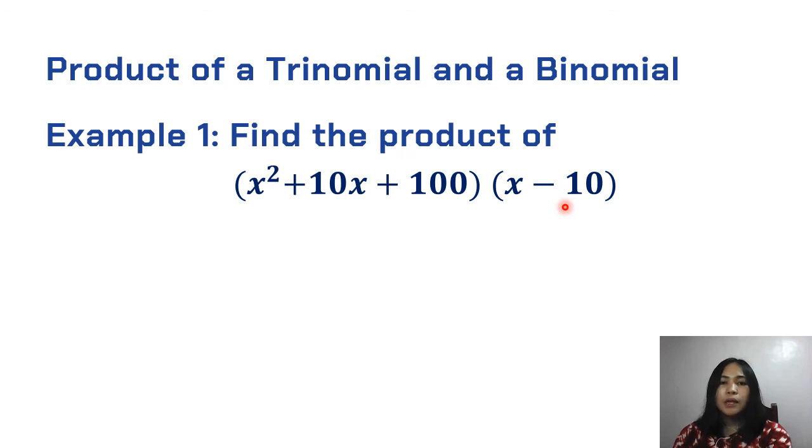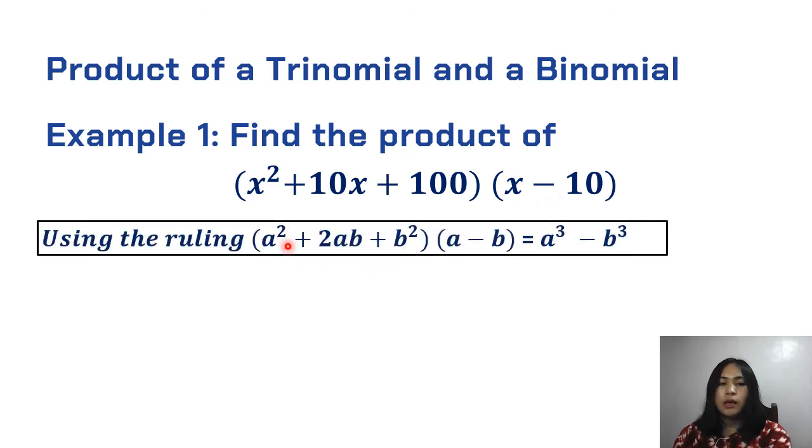So the product is, ano ngayon, nasa form din ng subtraction. So using the rule, a squared plus 2ab plus b squared multiplied by a minus b is equal to a cubed minus b cubed. So ito lang yung tandaan natin kapag positive yung trinomial at in the form ng subtraction yung binomial, the result is ganito talaga, a cubed minus b cubed.